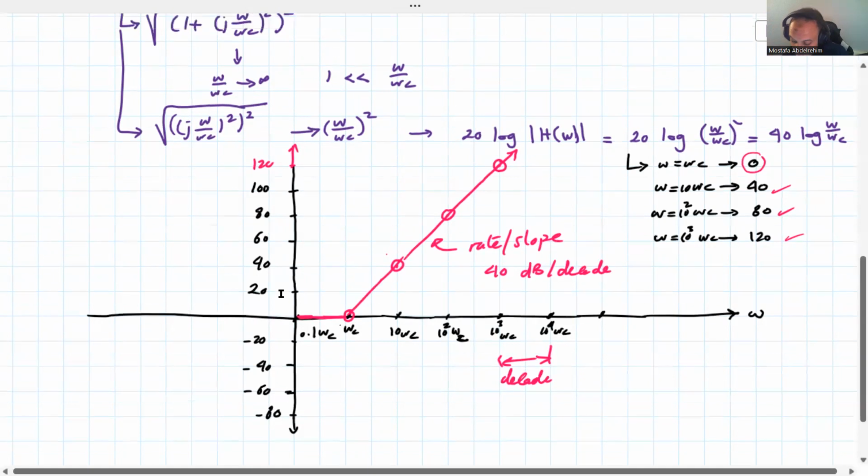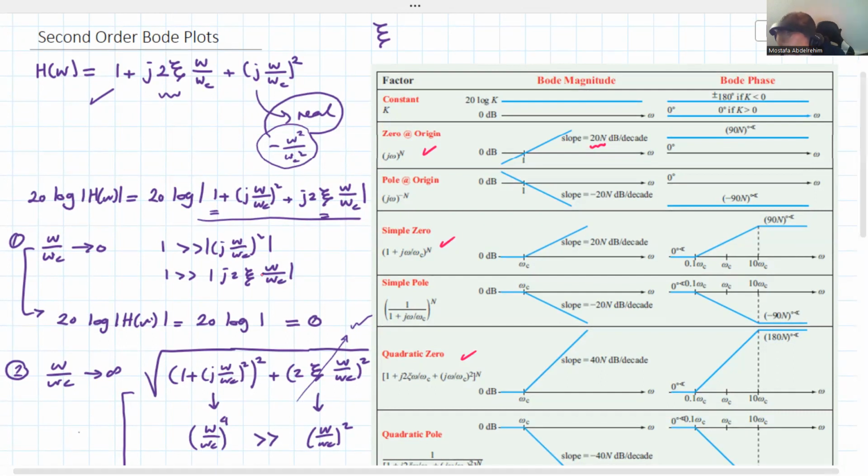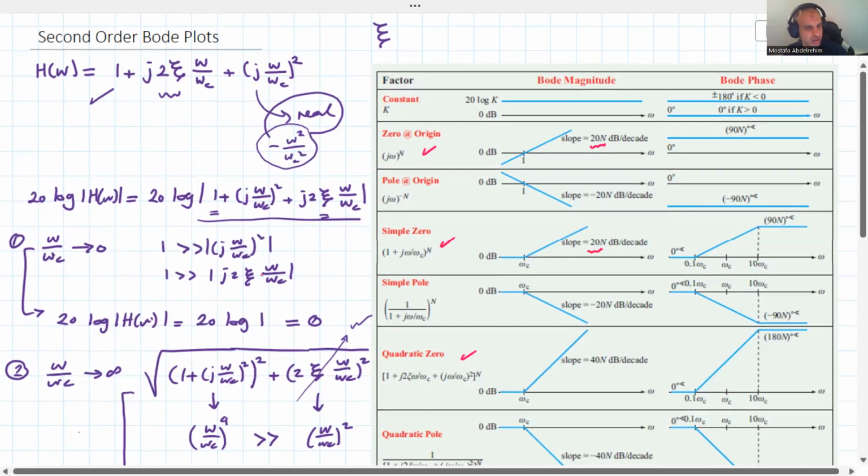Okay, if we look here, let's compare the simple zero, or zero origin, with the quadratic zero. Here the slope is 20n, because when n is 1, it's 20. For the simple zero, again 20n, and again taking n equal to 1, that's 20. For the quadratic zero, it's 40n. So it's double.